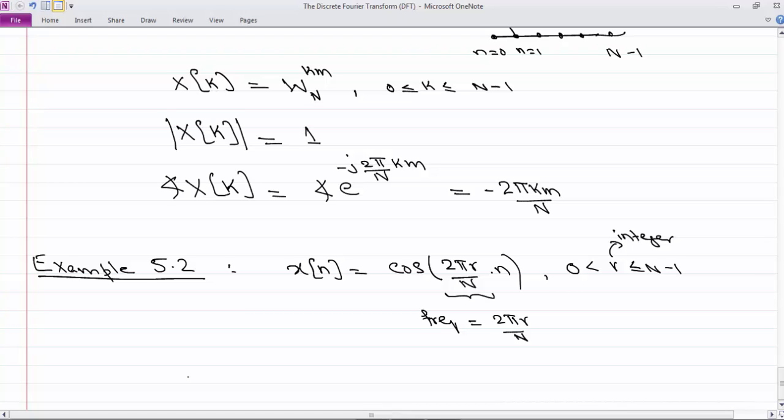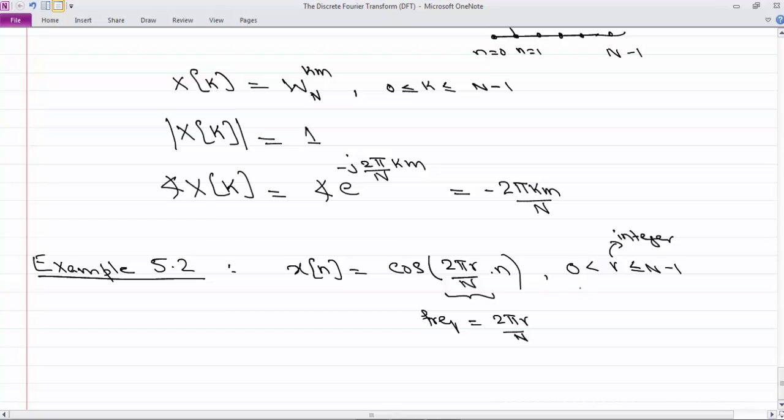But there is one factor that I need to be able to compute its DFT. The way we have defined this sequence currently, it is an infinite sequence. It goes from minus infinity to infinity. And according to the DFT formula that we have looked at, we need the sequence to be finite.